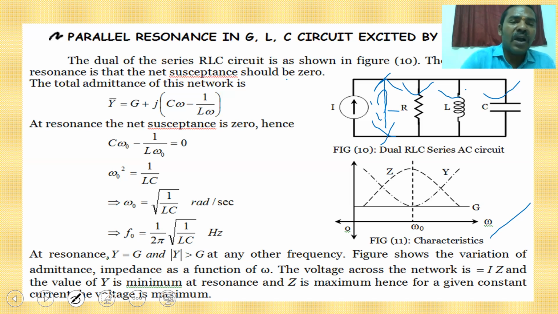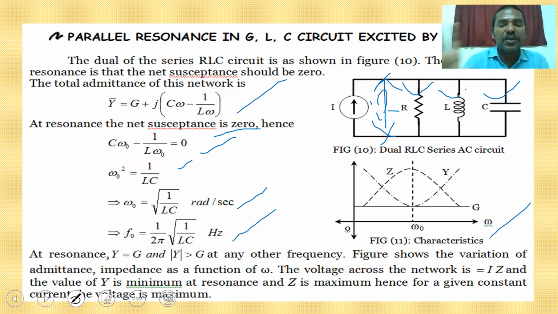The overall admittance Y is equal to G plus j times (omega C minus 1 by omega L). Net susceptance is 0 under resonance condition: C omega naught minus 1 by L omega naught is equal to 0, omega naught square is equal to 1 by LC. Omega naught is root of 1 by LC, or in terms of frequency, 1 by 2 pi root of 1 by LC. Same as the RLC series circuit only.